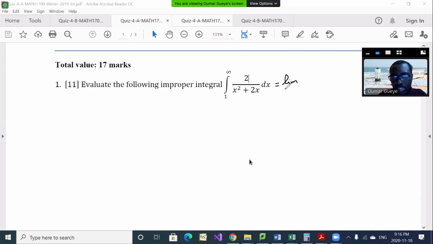So this integral is equal to the limit when t goes to positive infinity of the integral from 1 to t of 2 over x squared plus 2x dx. And this is the first step.